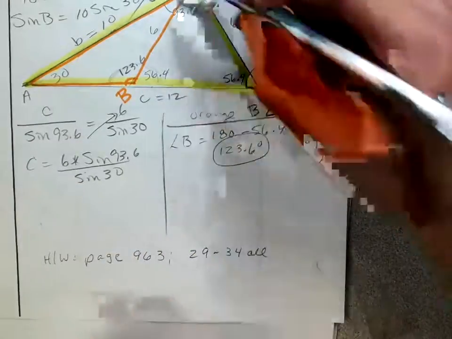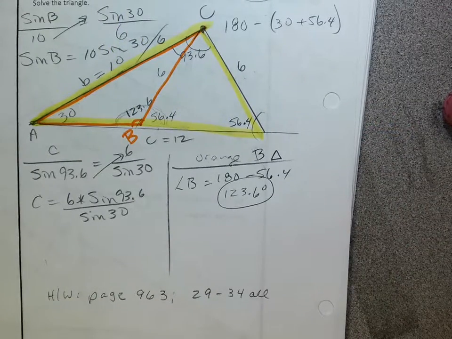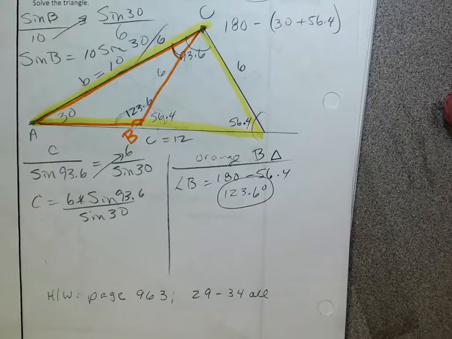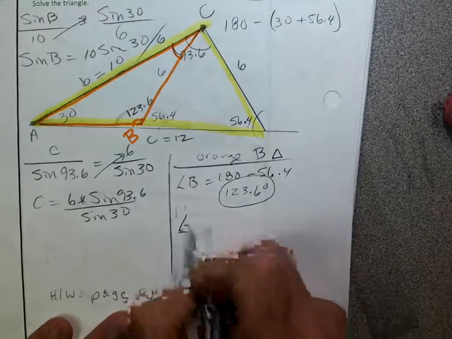Now, angle C is certainly different, isn't it? Angle C is a lot skinnier. So the angle C I need to find is this angle C up here. Same thing, 180 degrees, but it should be a different answer, shouldn't it? It's not as big as that, smaller now. So to find angle C, I'll do the same step.